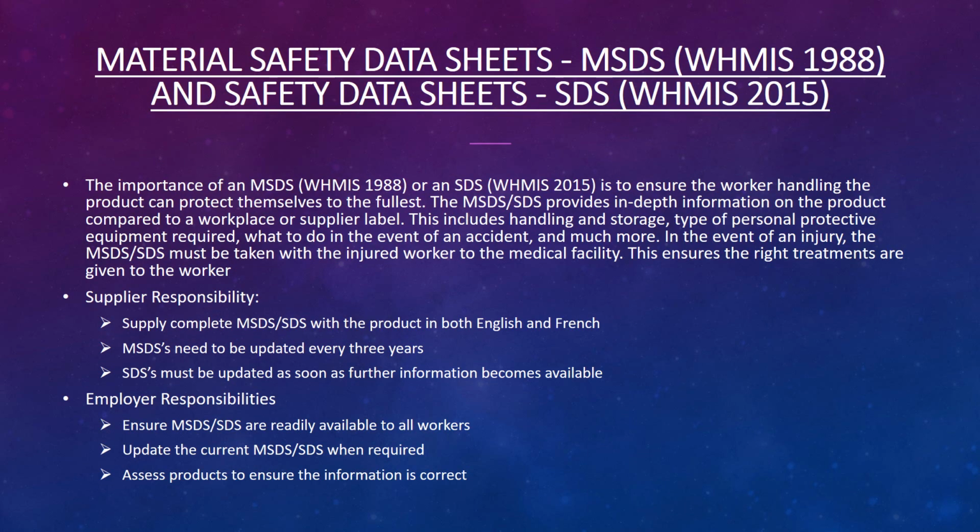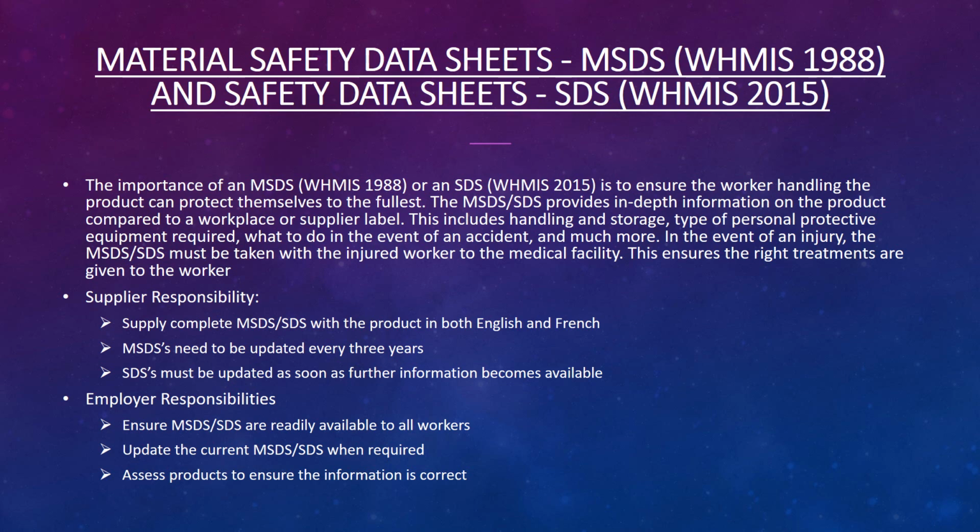Material Safety Data Sheets, MSDS, WHMIS 1988, and Safety Data Sheets, SDS, WHMIS 2015. The importance of a Material Safety Data Sheet or a Safety Data Sheet is to ensure the worker handling the product can protect themselves to the fullest.